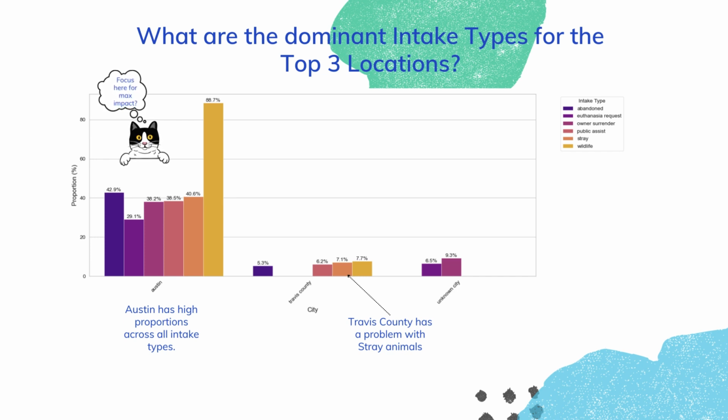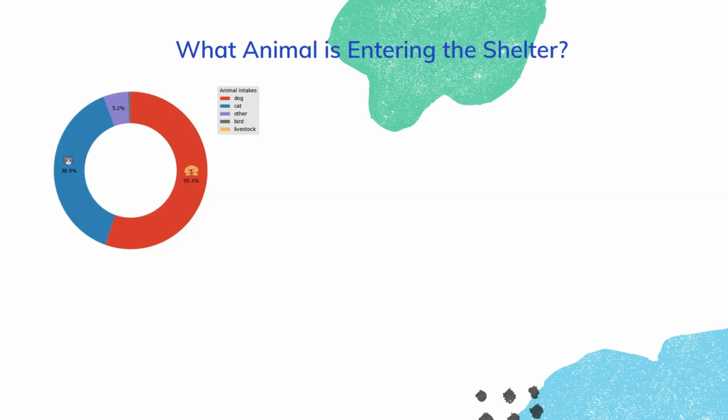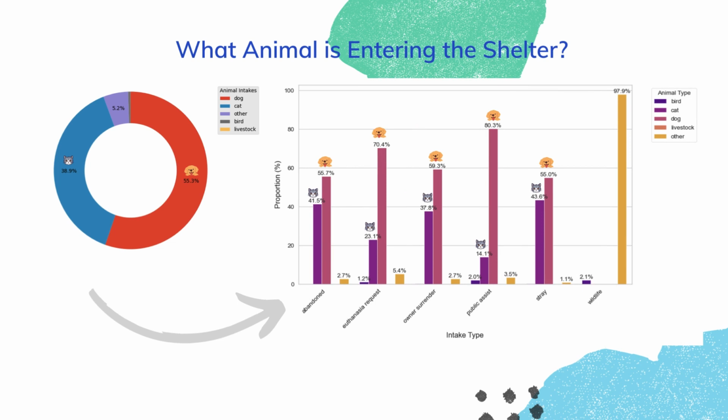Given Austin makes up a significant proportion of animals in the shelter, we'll focus here, as shown by my little furry friend. What animal is entering the shelter? A significant proportion of the animals that come into the shelter are dogs or puppies, followed by cats or kittens. Further analysis shows that dogs and cats make up the majority of the intakes classified as strays, owner surrender, abandon, and public assist.